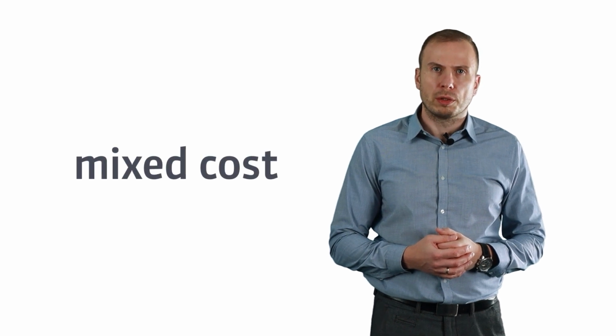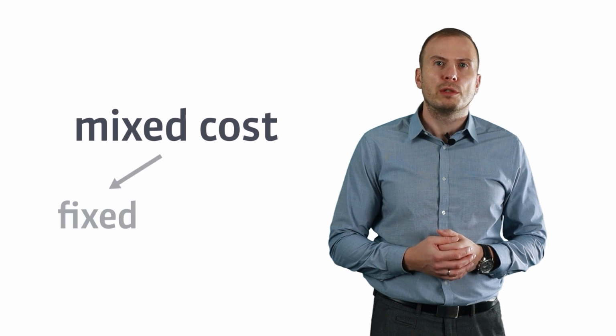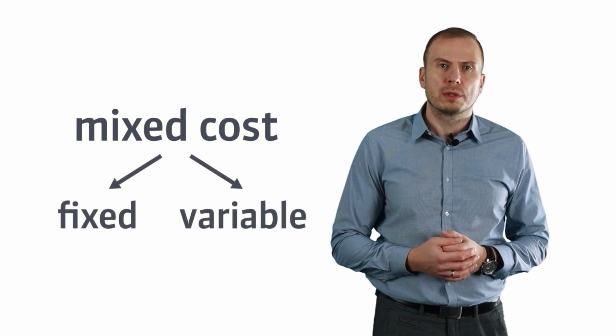Do you know how to divide a mixed cost into fixed and variable cost? In this video you will learn what is mixed cost and how to divide mixed cost into fixed and variable costs. It's not always that easy to identify and separate fixed and variable costs.